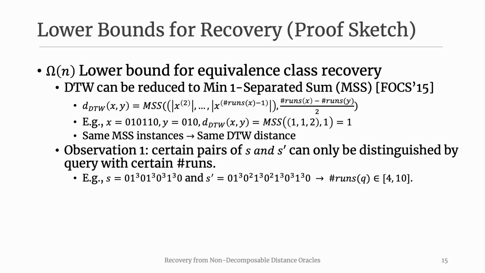With this reduction, the first observation we made is that a pair of input sequences with a certain pattern can only be distinguished by a query with a certain number of rounds. This pattern is found by observing a certain construction of the MSS instance. So for example, this pair of inputs can only be distinguished by queries with a number of rounds between 4 and 10.